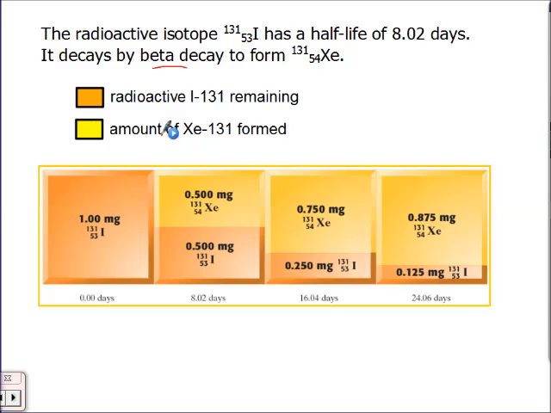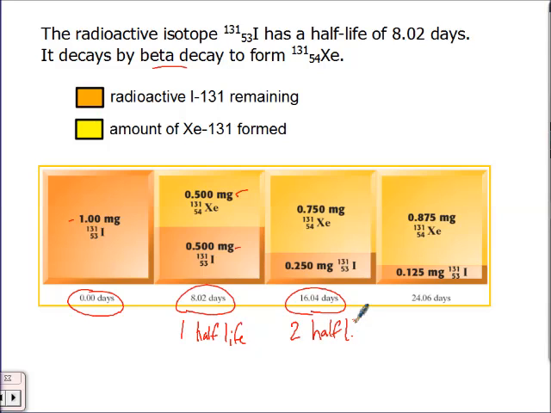If I look at the initial amount, let's say I started out at 0 days with 1 milligram of iodine. After 8.02 days, one half-life has passed. I have 0.5 milligrams of xenon and 0.5 milligrams of iodine, so it's cut in half. At 16 days, this is 2 half-lives. I'm down to half of this.